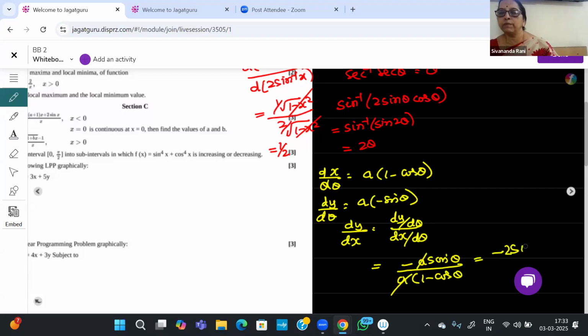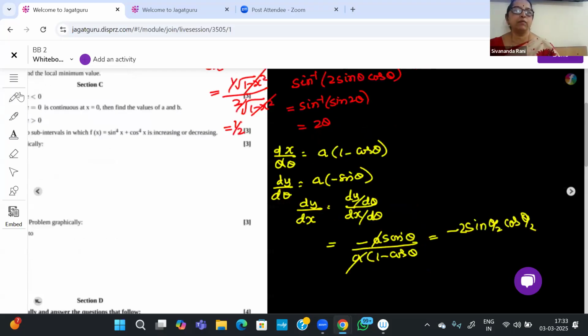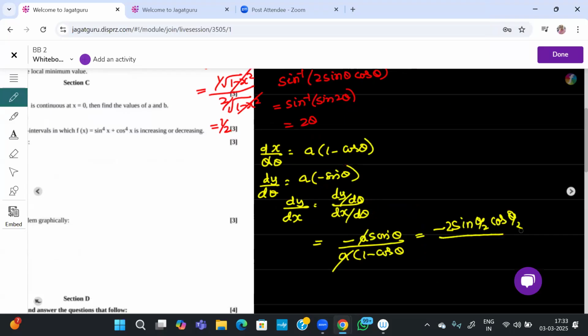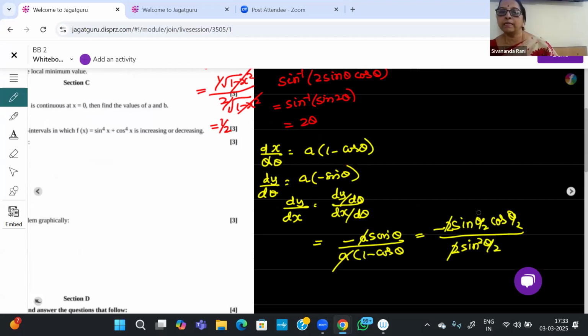Did you simplify it as this? That will be easy for you. Second derivative will be easier if you write in terms of half angles. Always remember, half angles will be handy. 2 and 2 will get cancelled, 1 sine will get cancelled. So it is minus cot theta by 2.